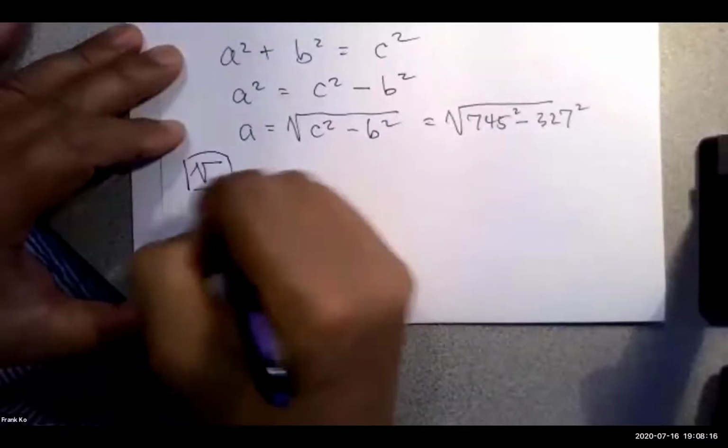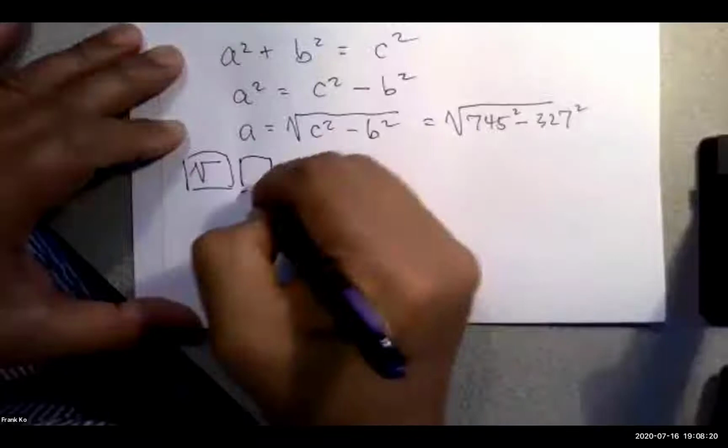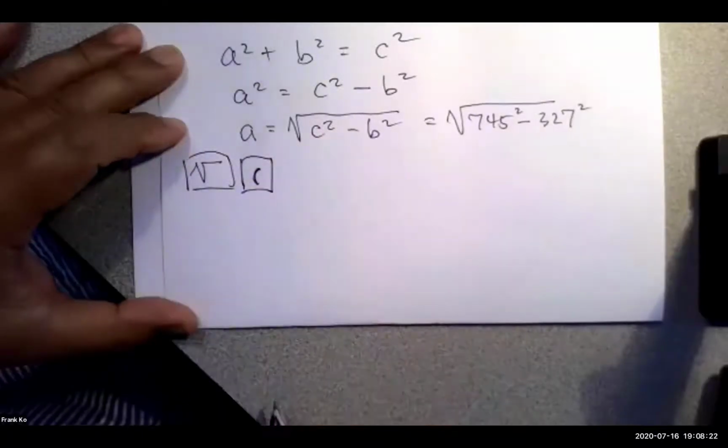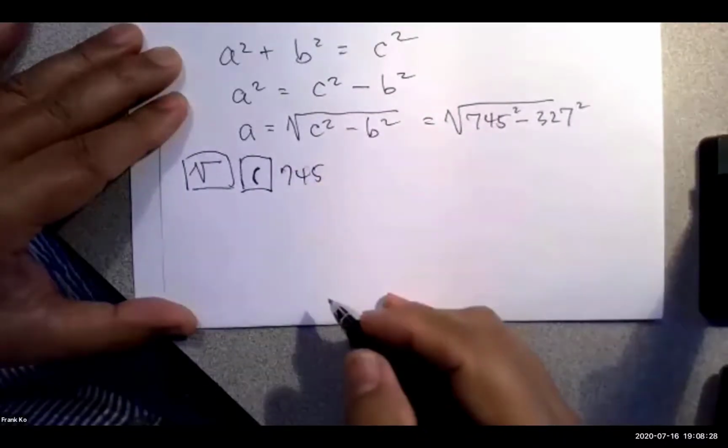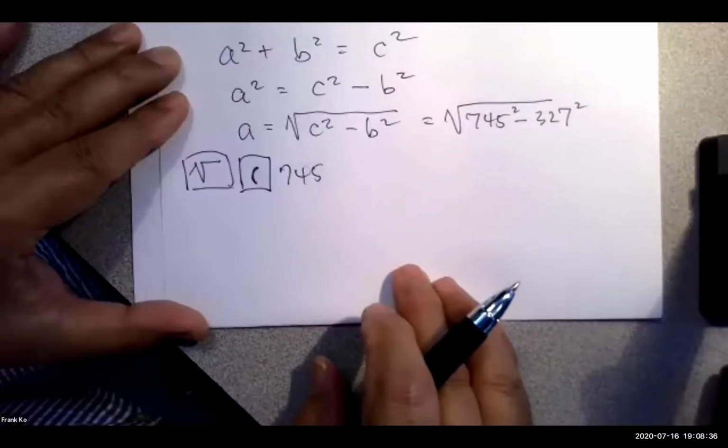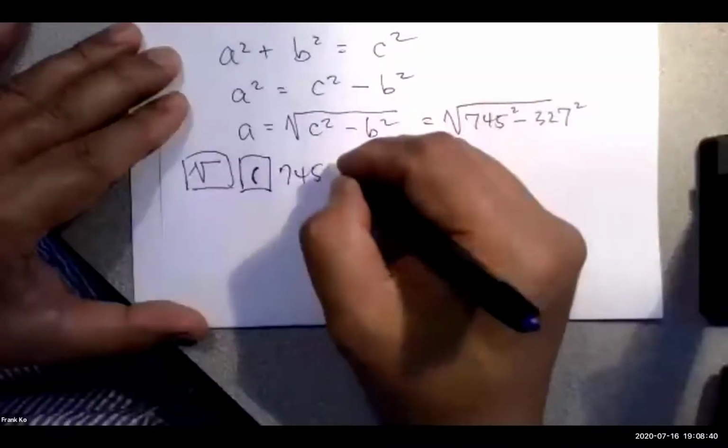Hit the square root key. Open parentheses key. 745. Square. No, the x squared. Okay, so simply square.